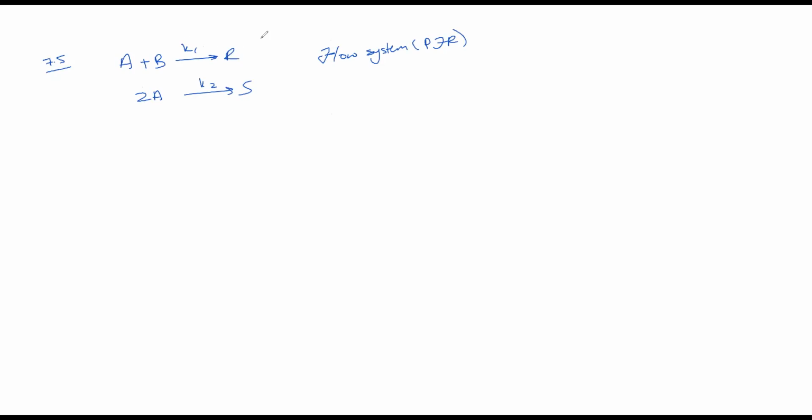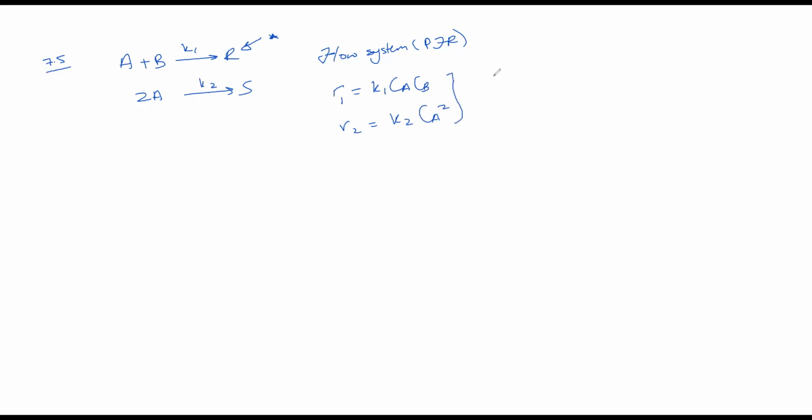Again, I want to maximize the formation of R. So I want this reaction to proceed a lot faster than the second reaction, right? So let's write the reaction rates for these two reactions. For R1, it's K1 Ca Cb. For R2, it's K2 Ca squared.